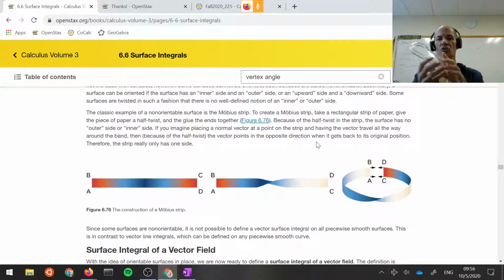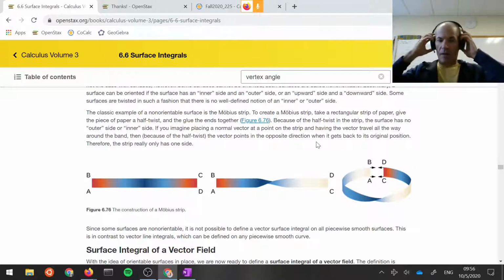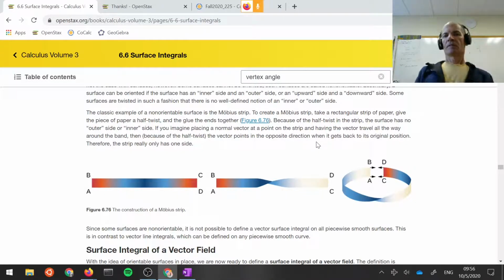What that means is you can't do surface integrals on this. You just can't. They're not well defined. They don't really happen much in applications, so you don't have to worry about it, but it's a fun thing to think about, and it just goes to show you that surfaces are perhaps more complicated than you imagine.